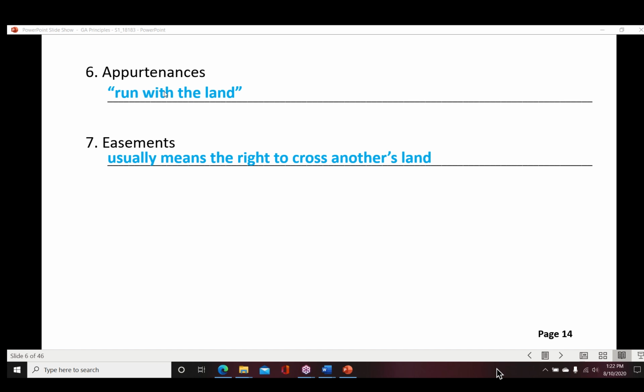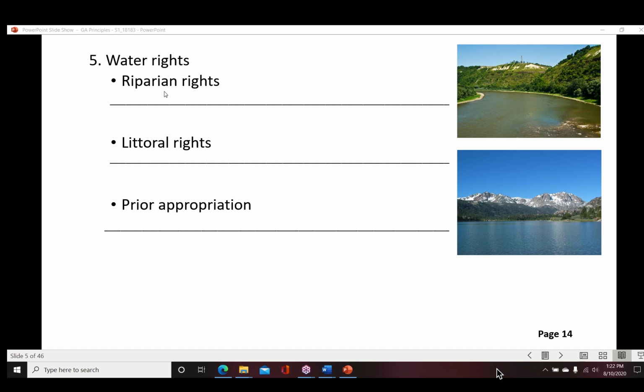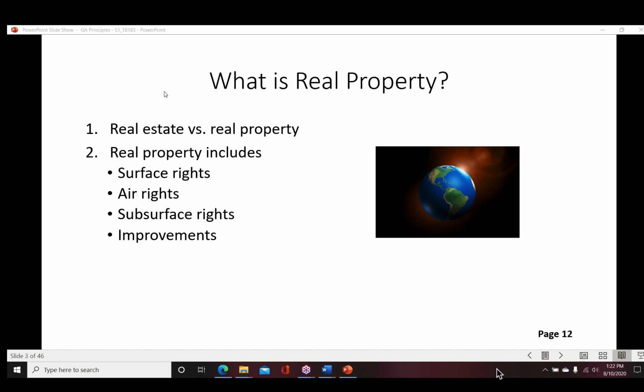And where this should have been in the outline was back here, right here. So we put another bullet point and we had rights. And if you combine those two terms, improvements and rights, there is a term for that, and that term is appurtenances.